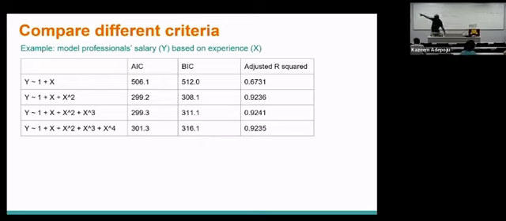What module do they choose? The AIC chooses quadratic. The BIC also chooses quadratic, but the adjusted R squared actually chooses cubic, polynomial of degree 3. In that kind of situation, we're going to go with AIC and BIC.